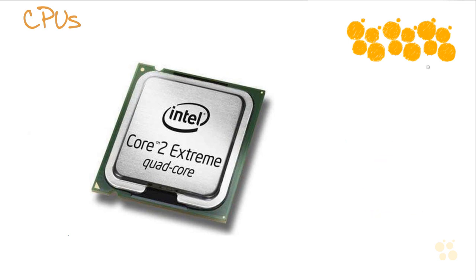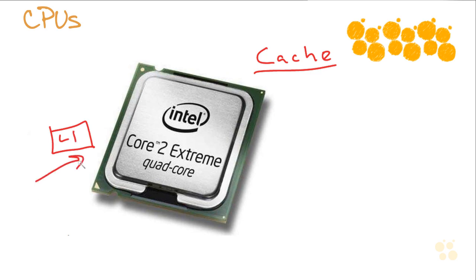Now, something else that's going to dramatically impact the speed at which your device can compute is called the cache. This is a holding area while we're getting information in and out of something like a CPU. So you might have a level 1 cache, which is a temporary holding place as the information is entering the CPU.